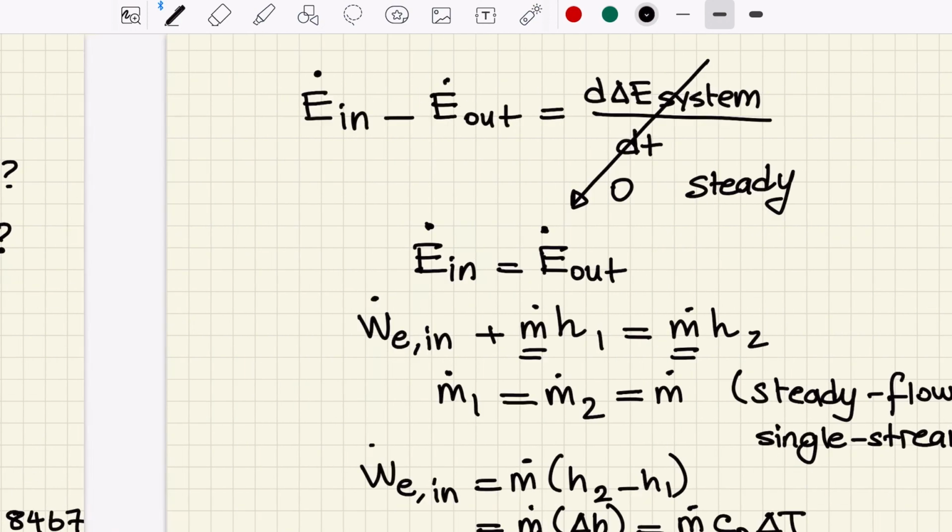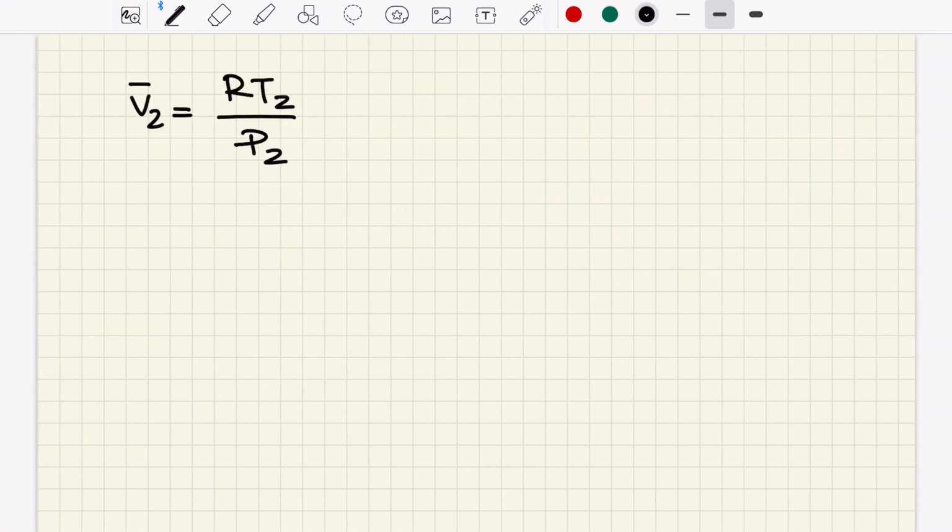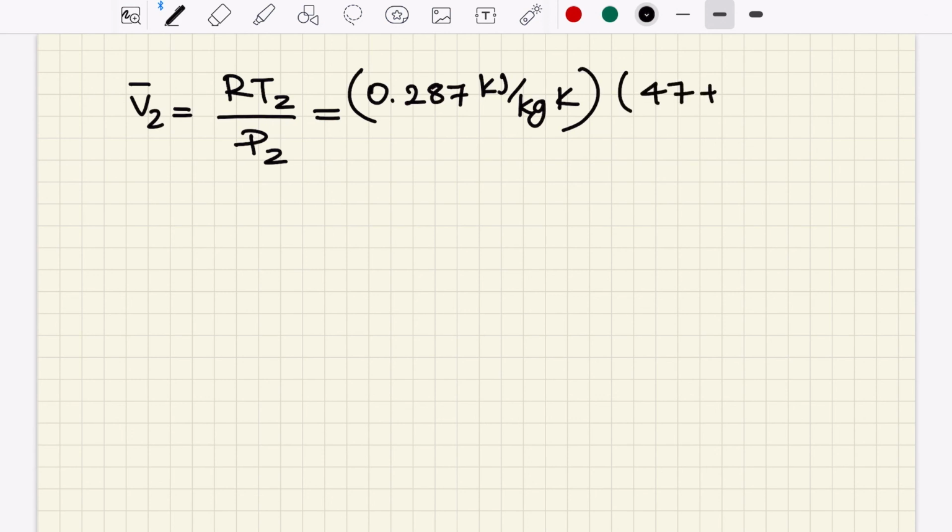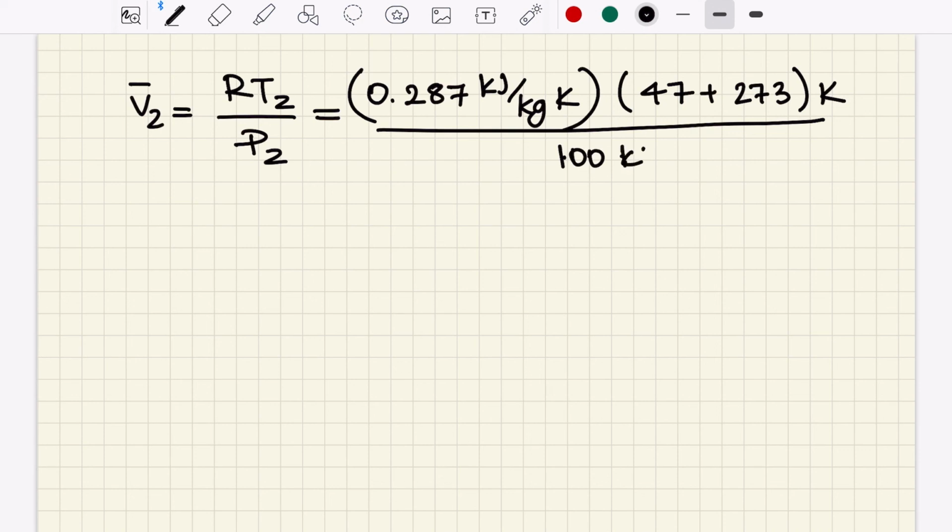When we do that, we can figure out the specific volume at the exit. The R is known. Temperature is known. And the pressure we corrected as I said.